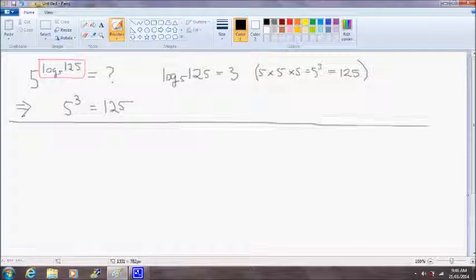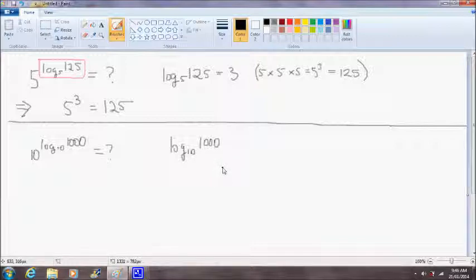Okay, let's have a look at a second example. Let's say that I have the expression 10 to the log of base 10 of 1000. What does that equal? Well, we know that log of base 10 of the number 1000, or in other words, what index of 10 do I need to get the number 1000?